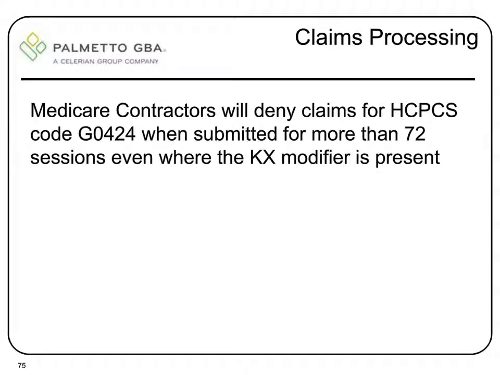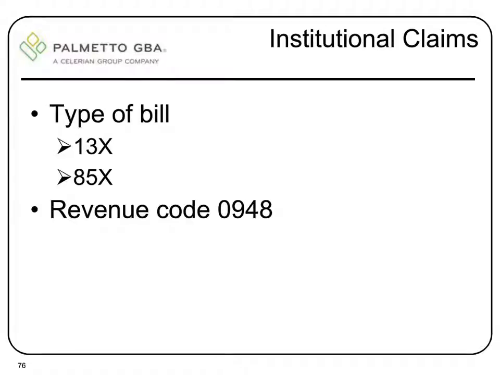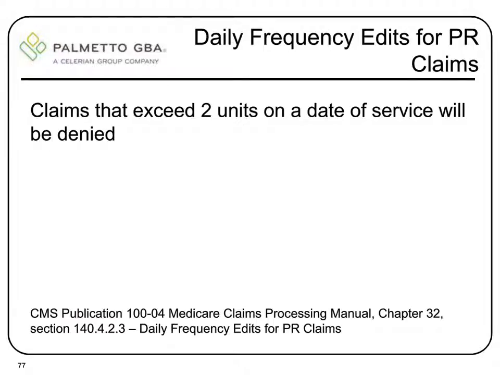Medicare contractors will deny claims for HCPCS code G0424 when submitted for more than 72 sessions, even where the KX modifier is present. For institutional claims, the type of bill is 13X or 85X and revenue code 0948. Daily frequency edits. Claims that exceed 2 units on a date of service will be denied.